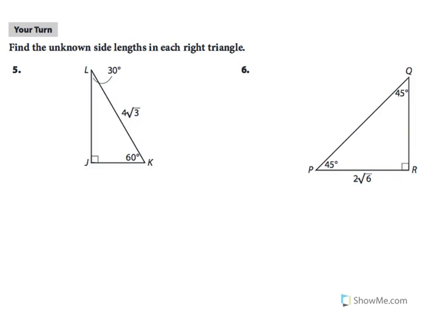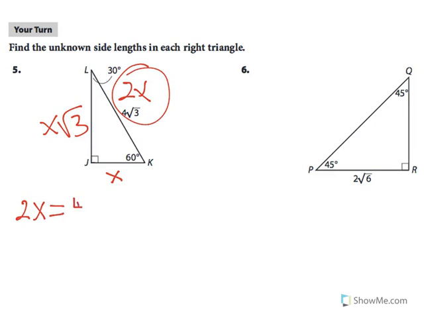Right, so for number 5, it's a 30-60-90 degree right triangle. So the shorter leg is x, this is x times radical 3, and this is 2x. To solve for x, we're given these two, so we can say 2x is equal to 4 times radical 3. So x is equal to 4 radical 3 over 2, which reduces to 2 radical 3.